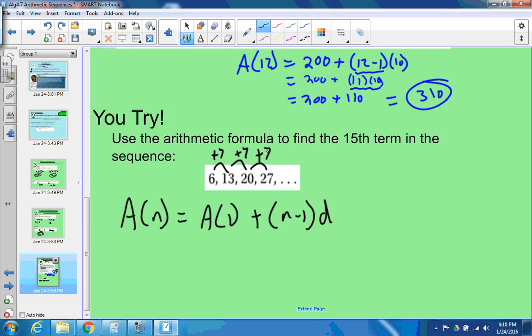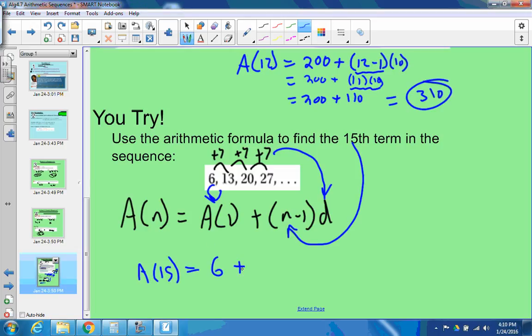So this is an arithmetic sequence. It's going up by the same amount every time. So that difference is going to go right in there. The first term, which is 6, is going to go right in the front here. And since we're trying to find the 15th term, that's going to go on for n. So a sub 15 is going to be equal to 6 plus (15 minus 1) times d, which is the difference, 7.